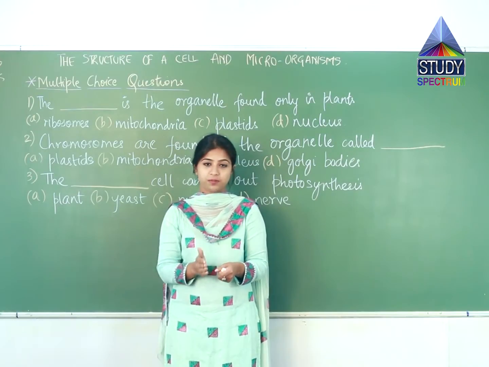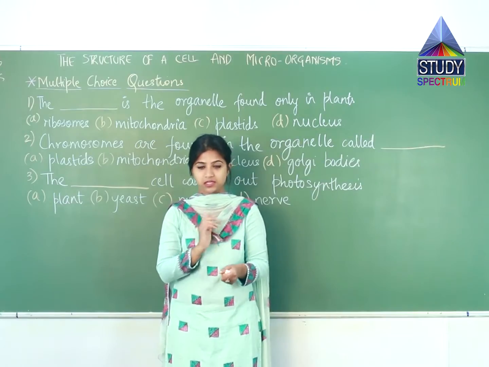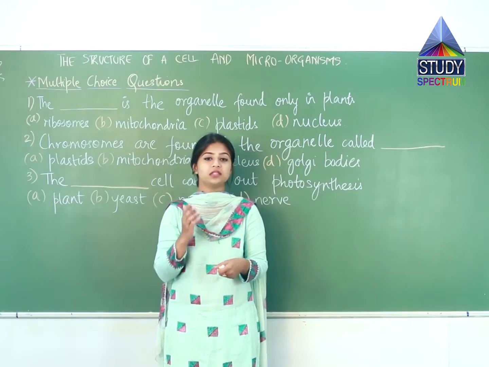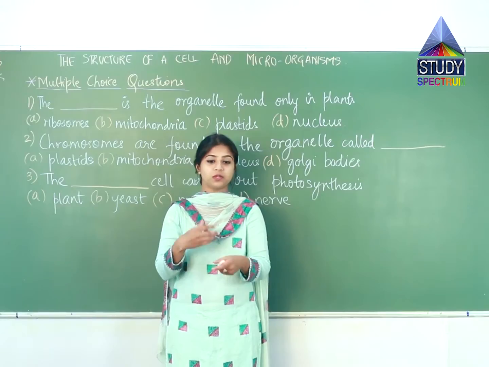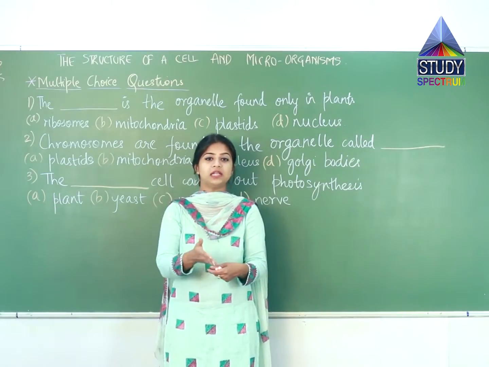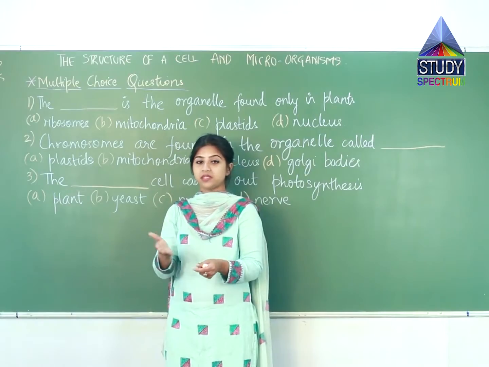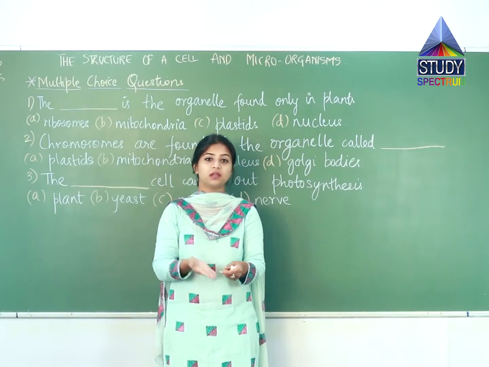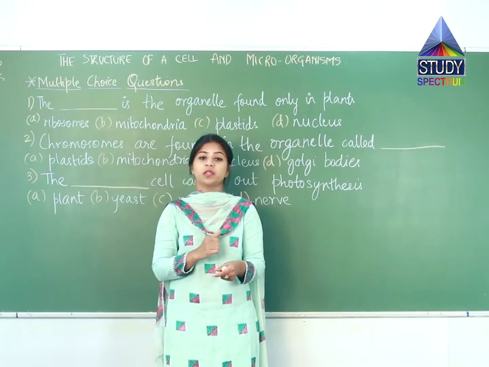Now let me just explain again what an antibiotic is. An antibiotic is a product created by a microorganism to kill certain microorganisms that are bad for the health of organisms.